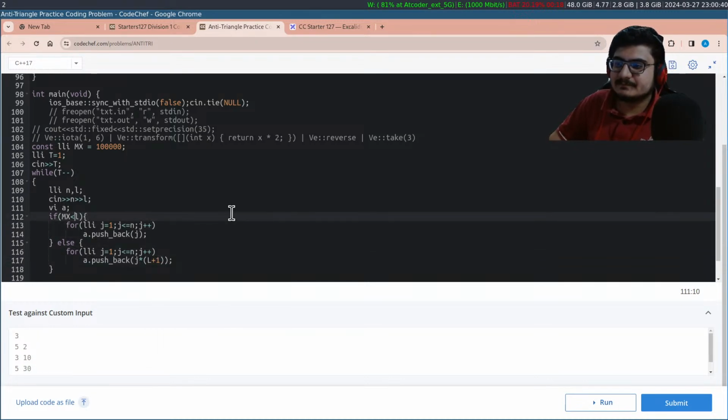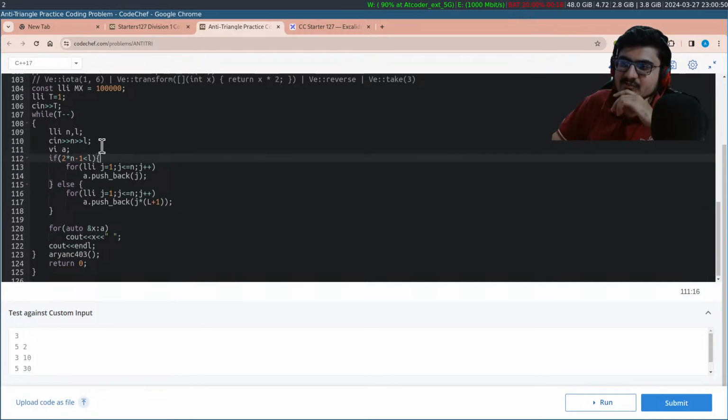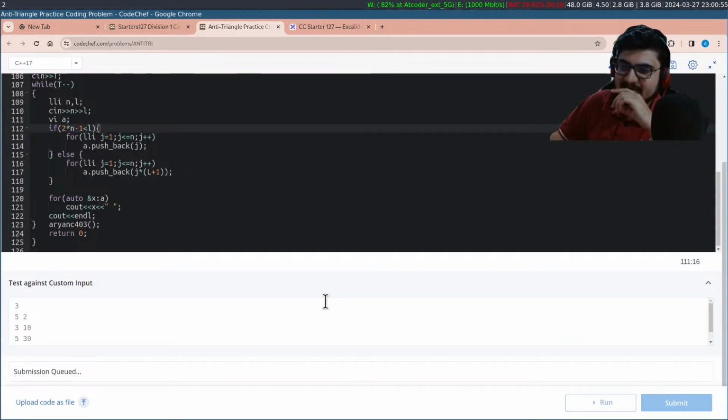So my idea was, if n is less than L, I print numbers from 1 to n, otherwise I print all the multiples of L plus 1. And at last, I am pushing it to the array, and I am putting these elements back.